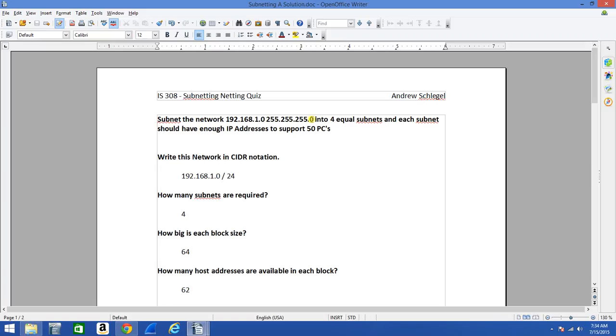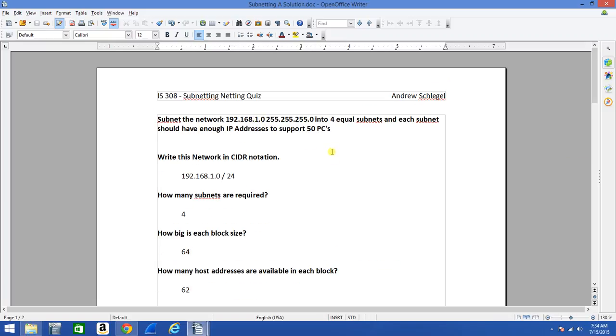So out of these 8 bits, I can take 2 to the left, which would be 128 plus 64, which is 192. I could take 2 to the left and assign them to networks, and then the 6 bits to the right would be host bits. So then I've broken this network into subnets.